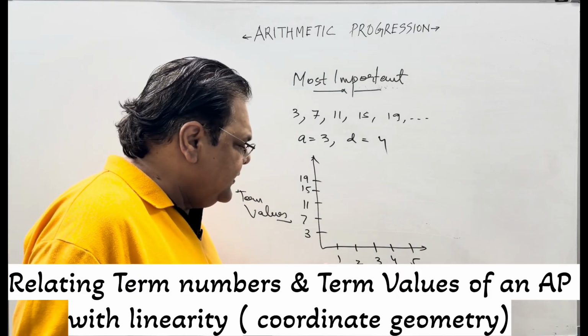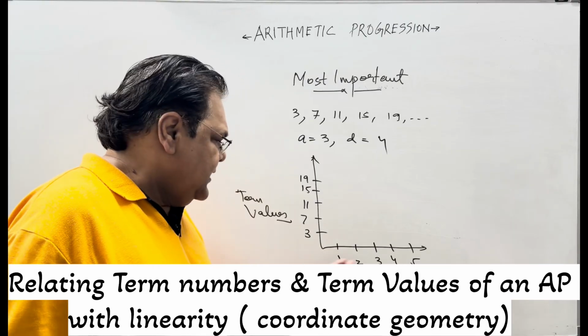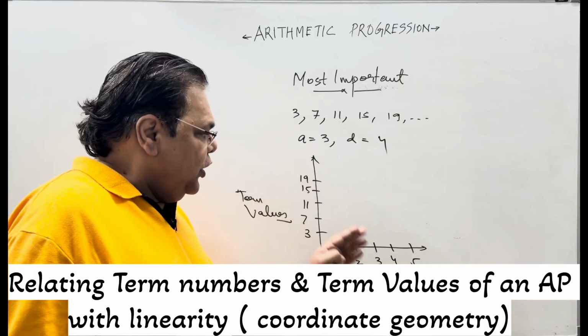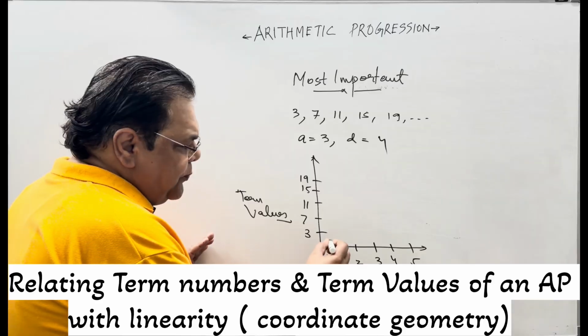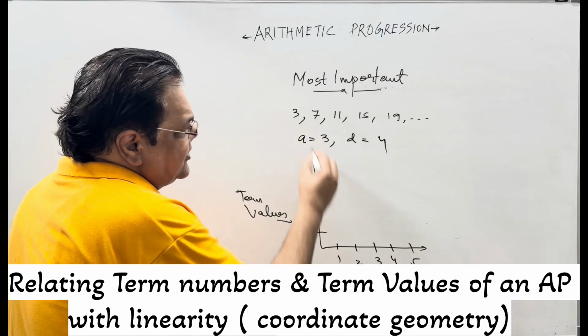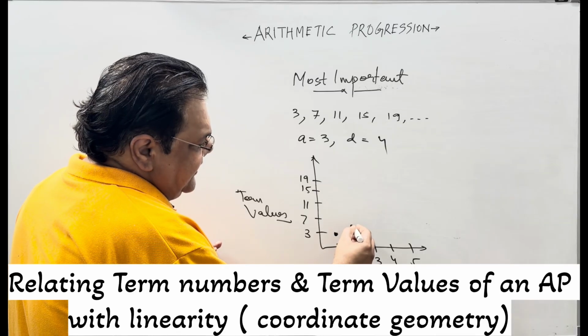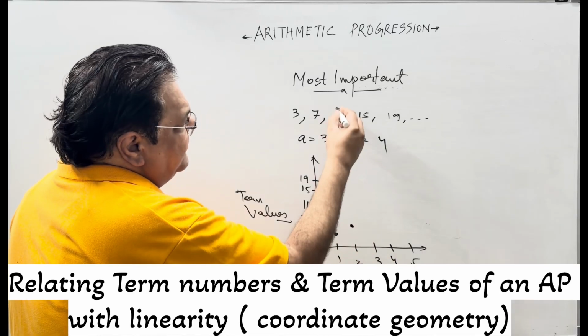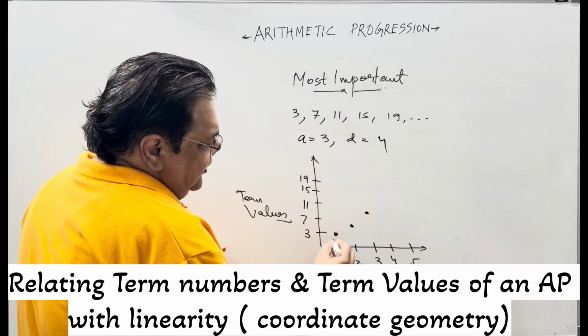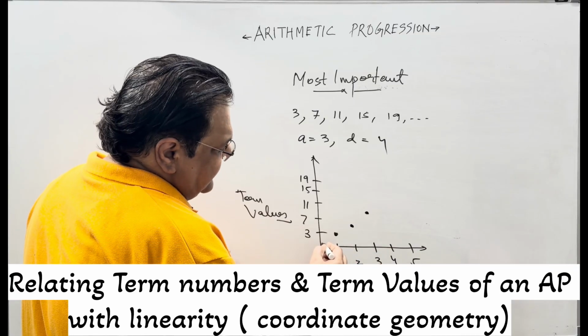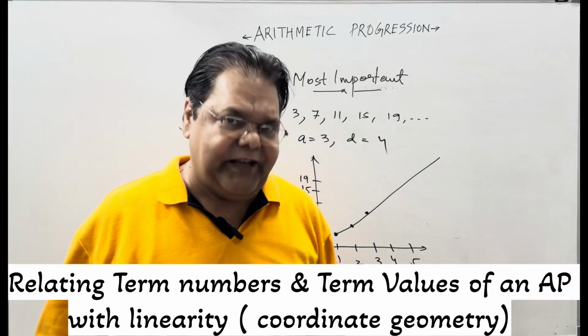So when you plot the term numbers and the term values, the first term is 3, so you mark here 3. The second term is 7, it is here. The third term is 11, it is here. So when you mark these points, you will find it's a straight line.